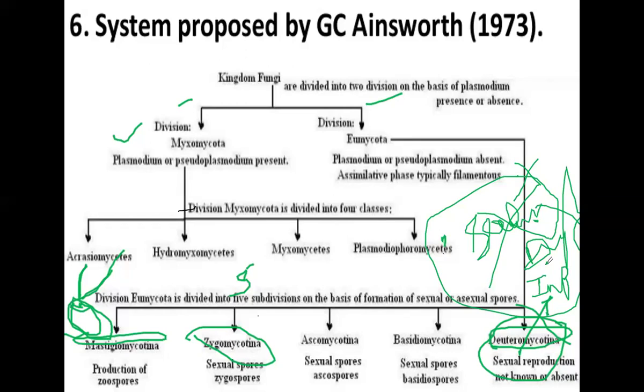I explained these three states earlier, when we discussed thallus organization. The asexual stage of the fungi is called anamorph. You should remember this, because the question is raised every time. The perfect state of fungi is called teleomorph. Anamorph and teleomorph together are commonly called holomorph.